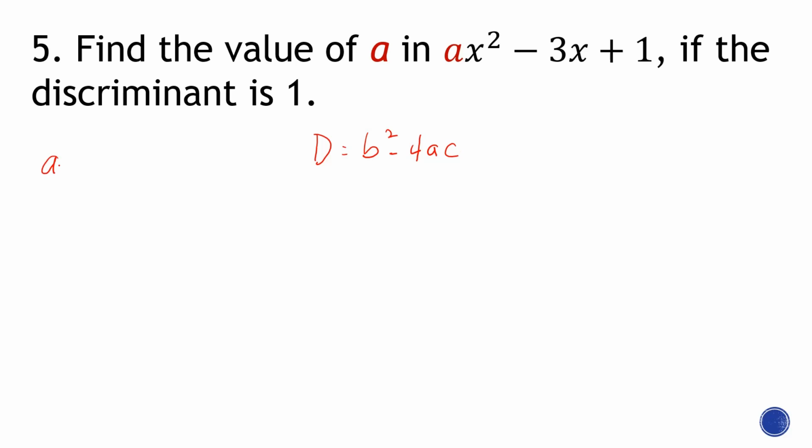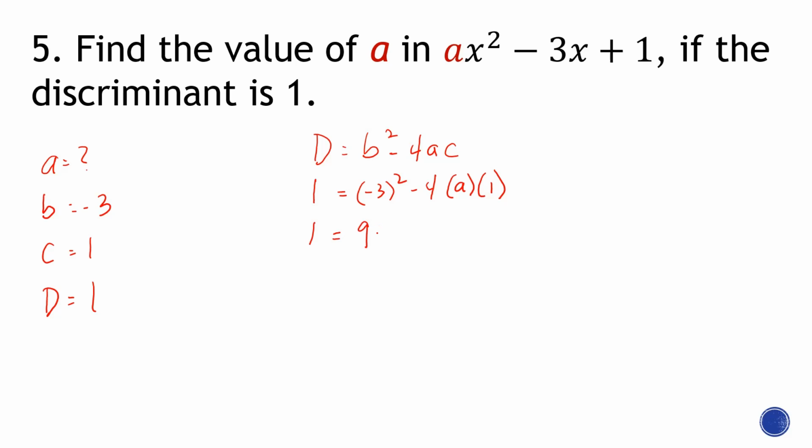So a, we don't know that. B is -3, and C is 1, and obviously the discriminant is 1 also. Just plug them in the formula. So this is 1, -3 squared minus 4 times A times C, which is 1. So 1 equals 9 minus 4A.